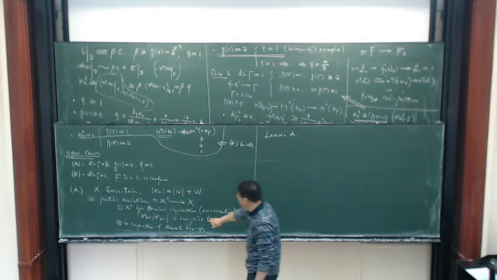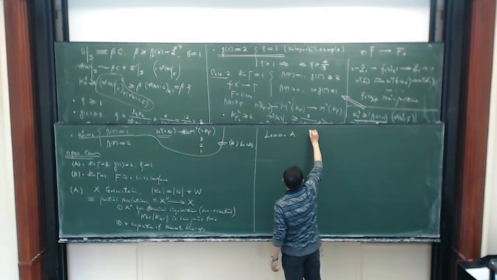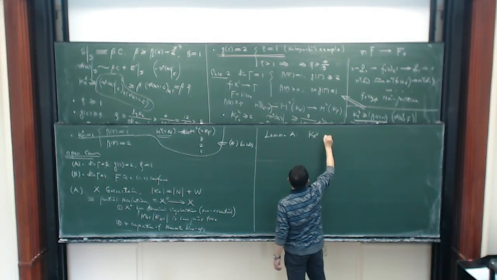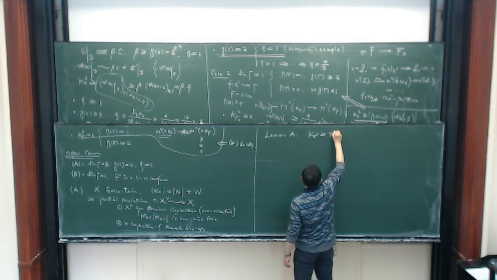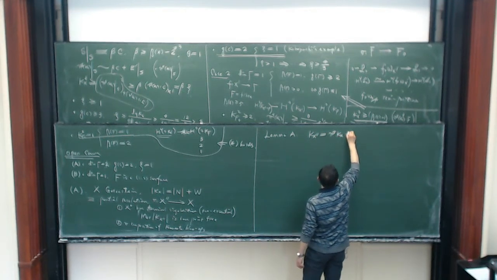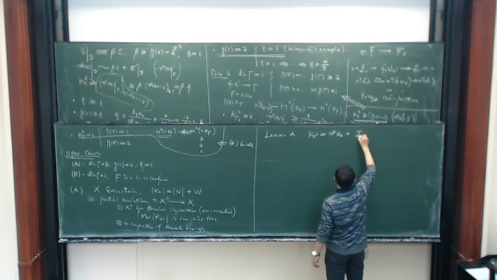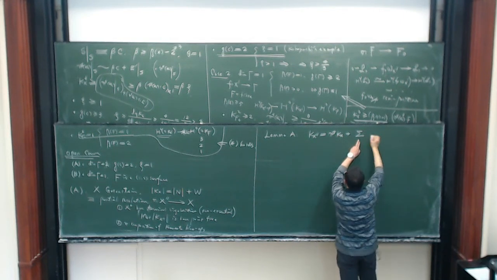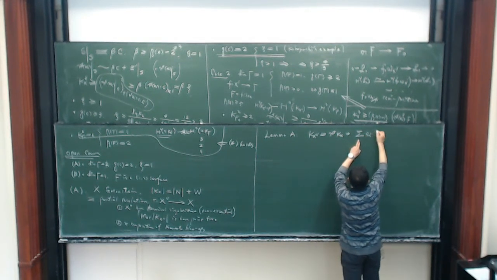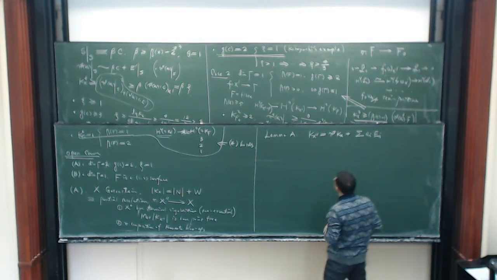In this setting, suppose we write K_X double prime to be pi star K_X plus sigma E_i.